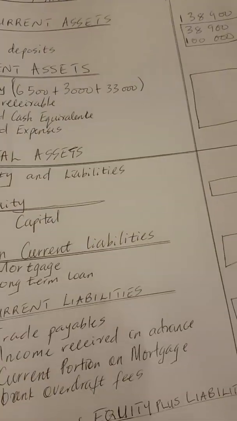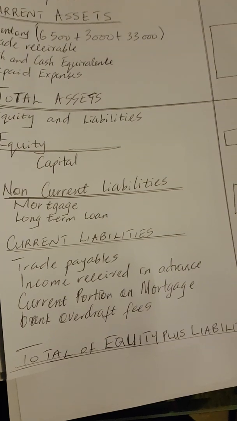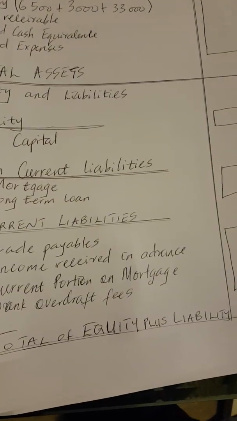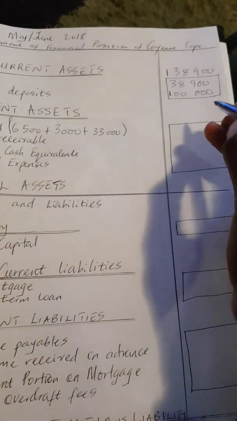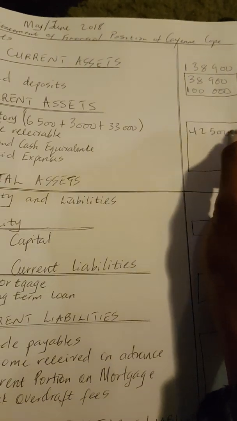You close the bracket. This is how you do it, and then you add everything. How much inventory will you get? You'll get 42,500. So let's move to trade receivables.